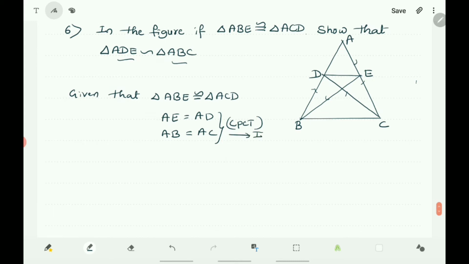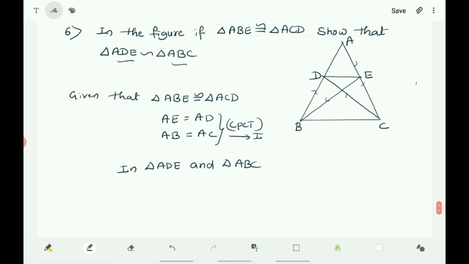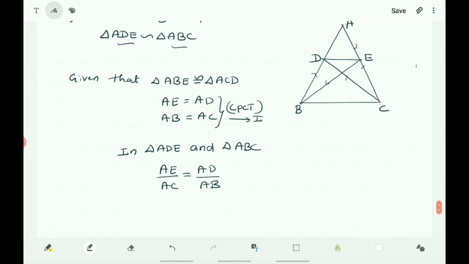Now in triangle ADE and triangle ABC, here you write the ratio, that is AE by AC is equal to AD by AB. That is from first you can write.